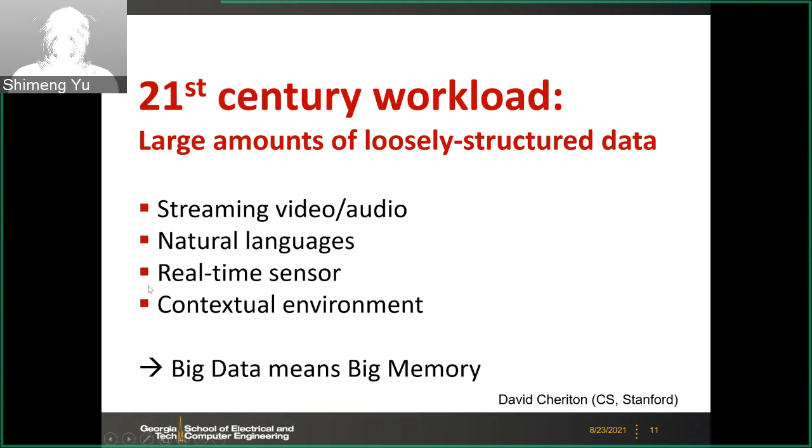And we are gathering data at a very fast rate every day. You take images, upload video, like what I'm doing right now. I'm recording the lectures, and later I will post them to YouTube. So we are creating a lot of data these days. Big data means big memory. You need memory technologies to host that data, and also you need to fetch and process the data.